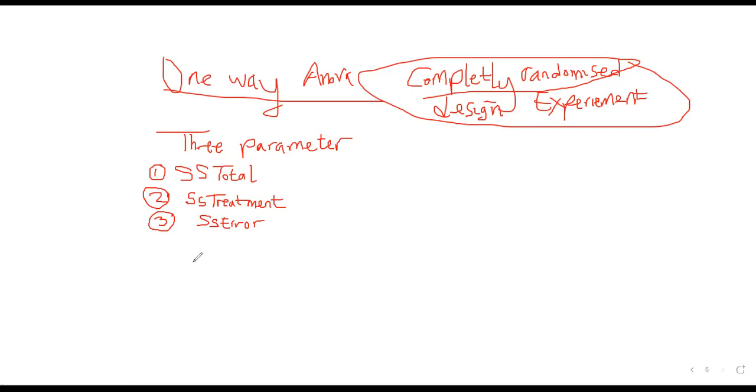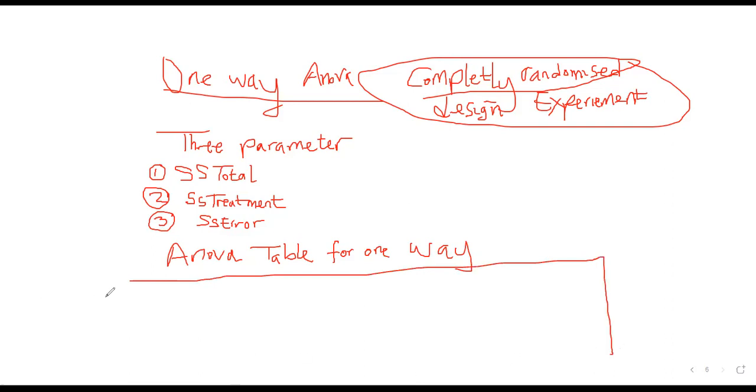So the ANOVA table for one way is given by, okay, ANOVA table for one way. The table should have the following.